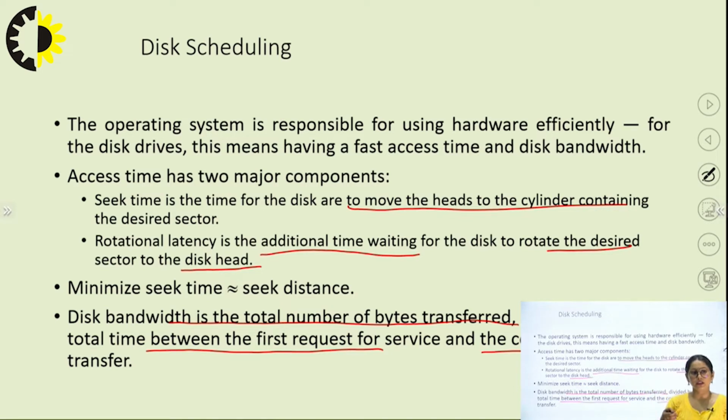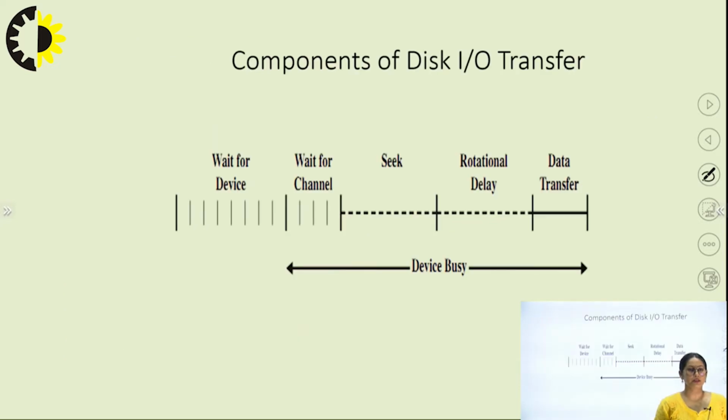So when you have to find the bandwidth of the disk, it is the number of bytes transferred divided by the total time between the first request of the service and the last request of the service. You divide your total number of bytes transferred by this total time, and then you will be able to find the disk bandwidth.